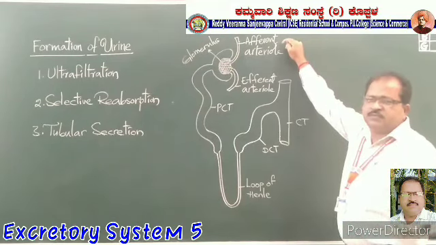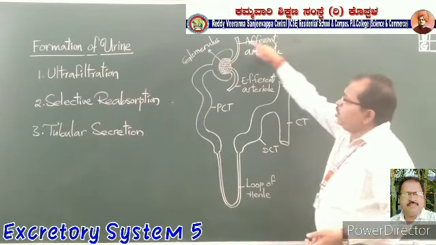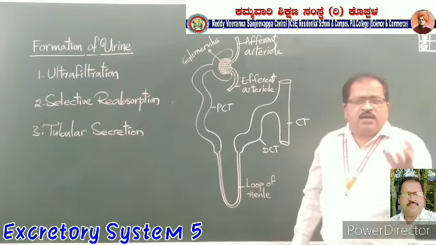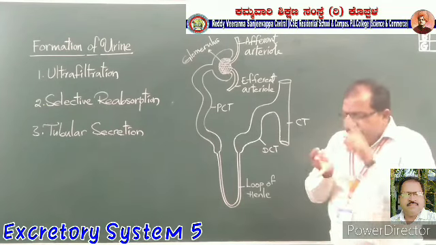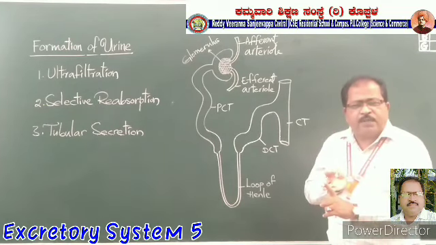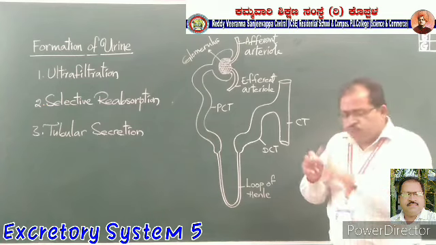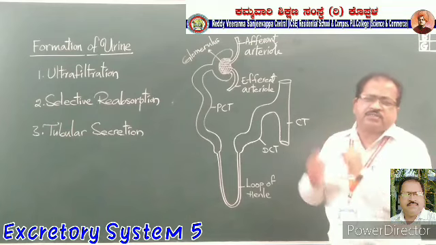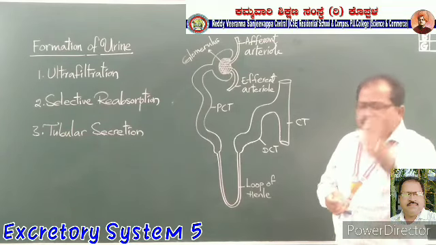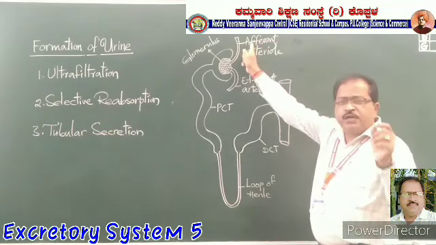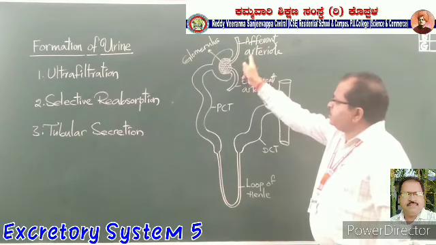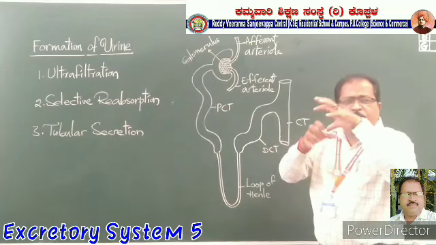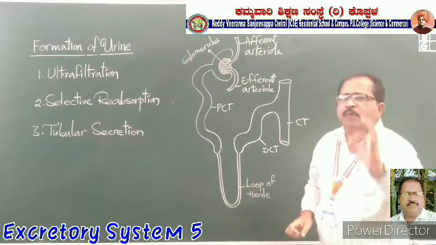Afferent means bringing. Okay, the afferent arteriole brings blood containing very high amounts of urea, uric acid, bile pigments, glucose, a large amount of water, and traces of vitamins and minerals. This enters the Bowman's capsule and forms a big network of blood vessels.